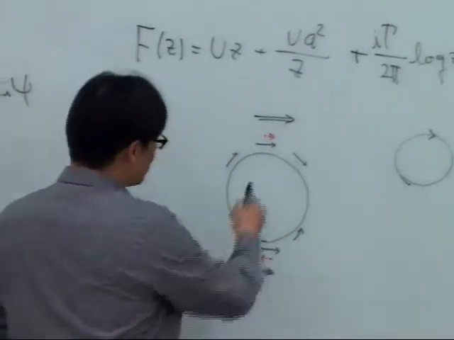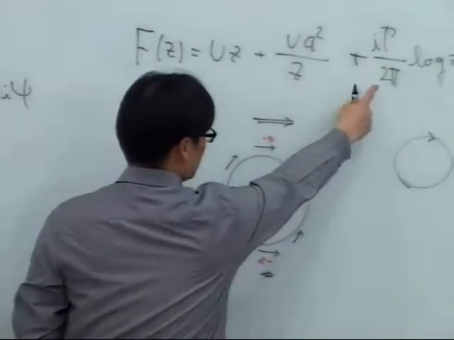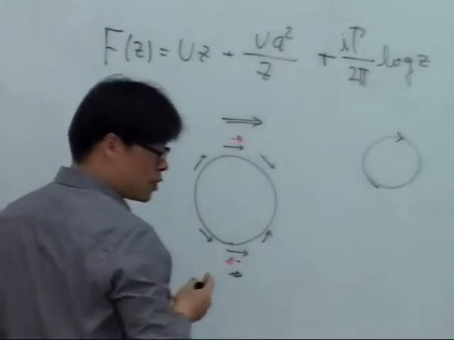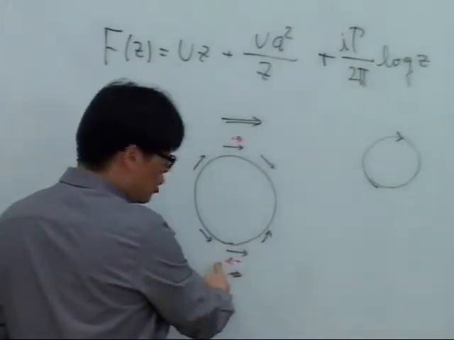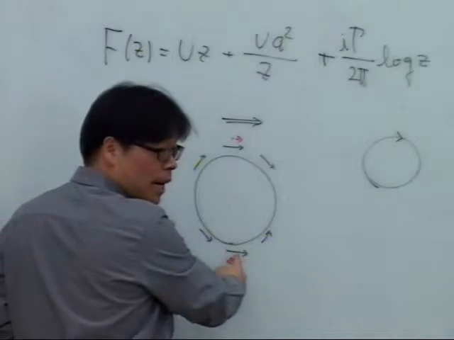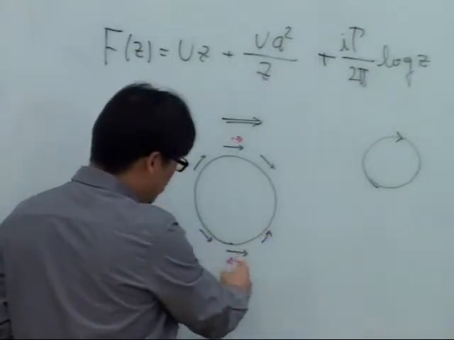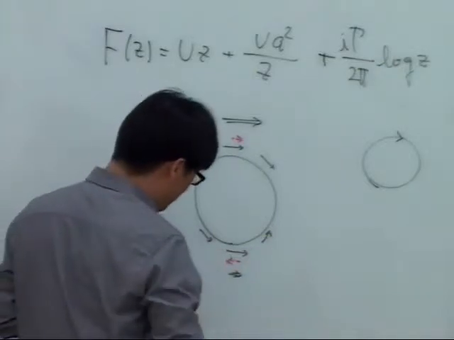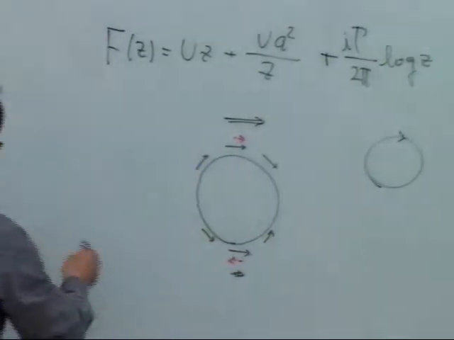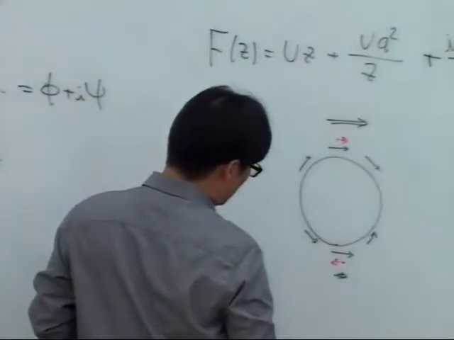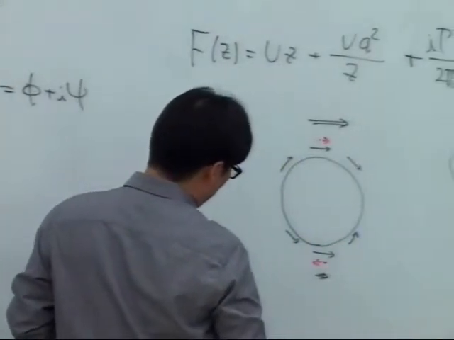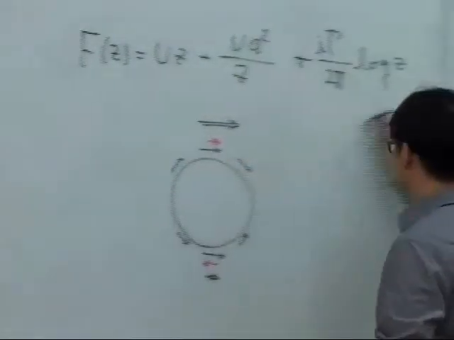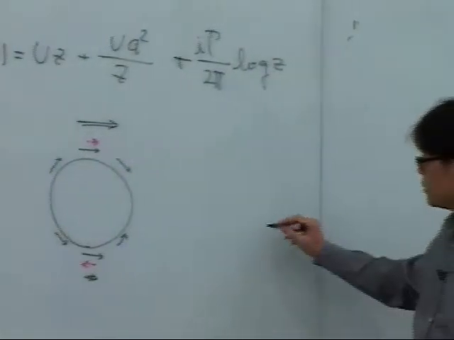So if I keep increasing the rotation, the strength of the vortex, gamma, at some point this one will be exactly the same as this one, with the same magnitude but in the opposite direction. So depending on the flow speed, I could have something like this.